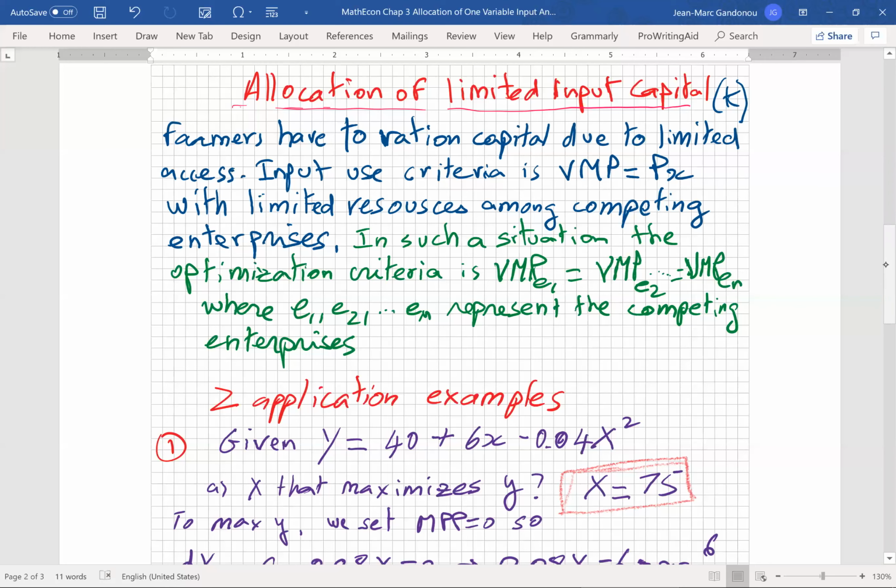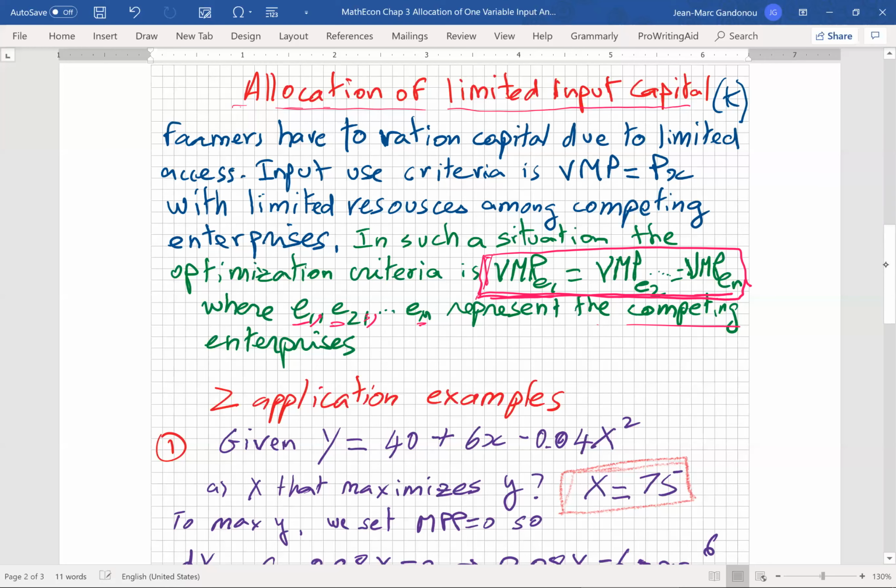So the condition is that if the farmer has different enterprises, I call those enterprises E1, E2, and En, then the optimum allocation is the one where the value marginal products are equal.